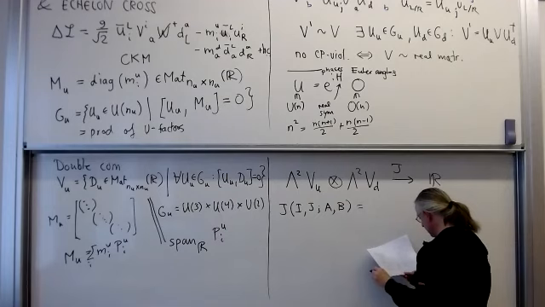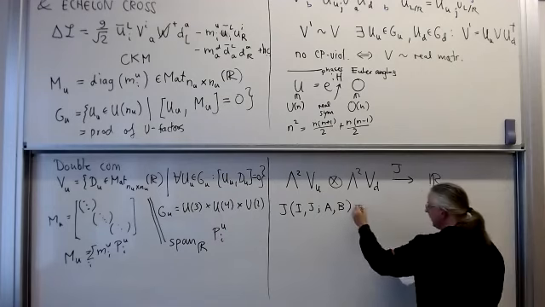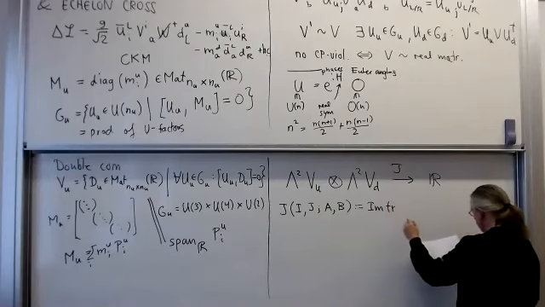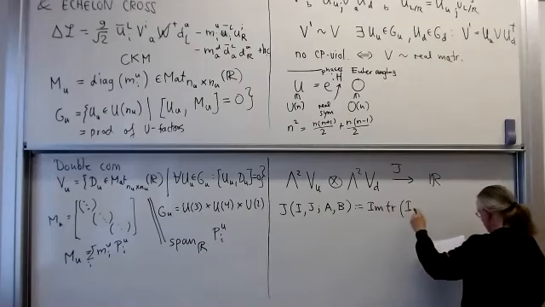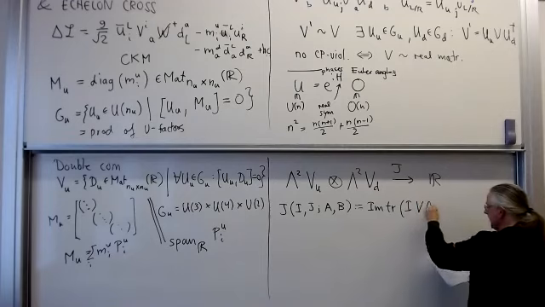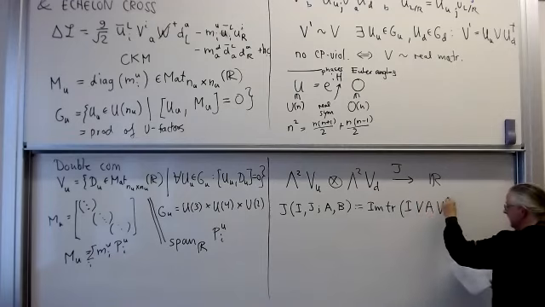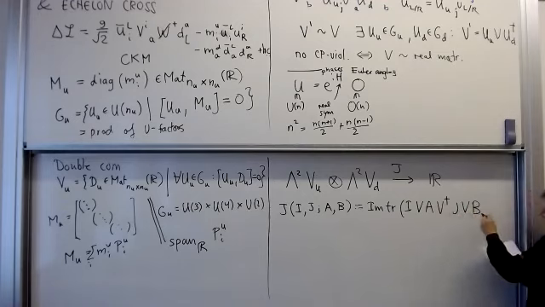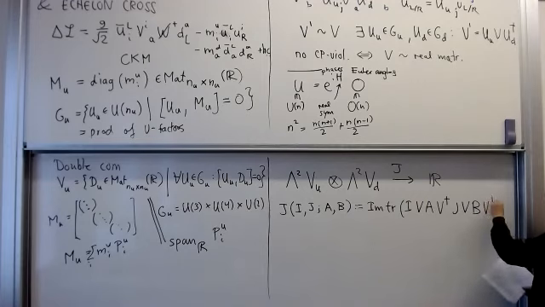and then it's given by the imaginary value of the trace of I, V, A, V dagger, J, V, B, V dagger here, like this.